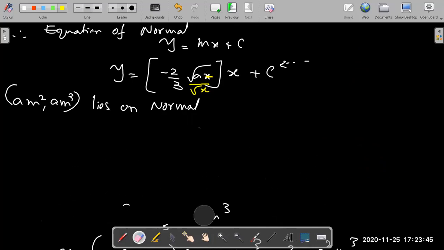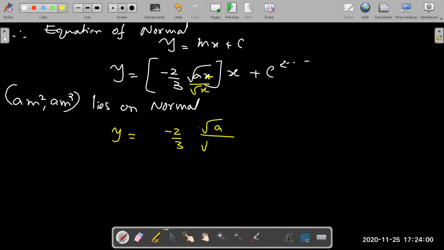So we have y is this, and I'm substituting this point: y minus 2 by 3 root a root x, where root of am squared is the x value being substituted, and here substituting am squared plus c, and the y value obviously is am cube.